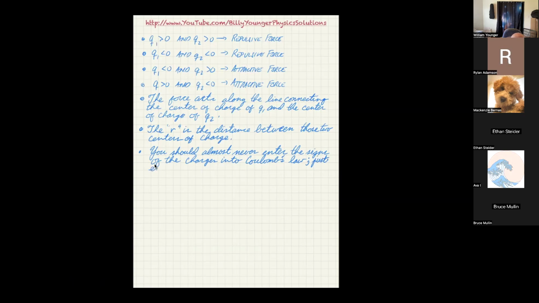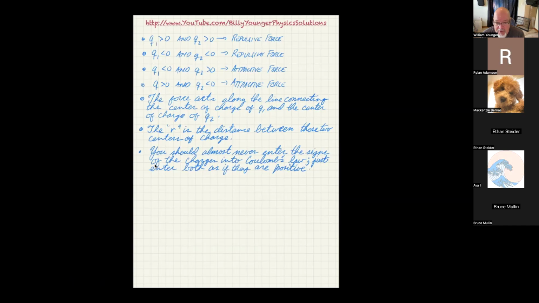Just enter both as if they are positive. Okay, so that's just something I've learned over the years, that it's best to not try to plug in a negative 1.0 times 10 to the negative ninth coulombs for Q1 and a positive 5.0 times 10 to the negative 6 coulombs for Q2. Don't put the signs in. Just assume they're both positive.